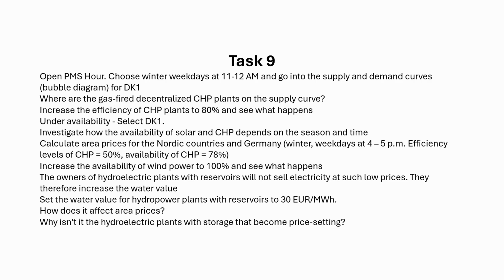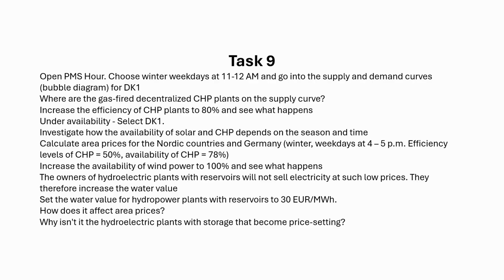Then under availability, you should select DK1, and then you should investigate how the availability of solar and the CSP plants depends on the season and the time. After that, you should calculate area prices for the Nordic countries and Germany.